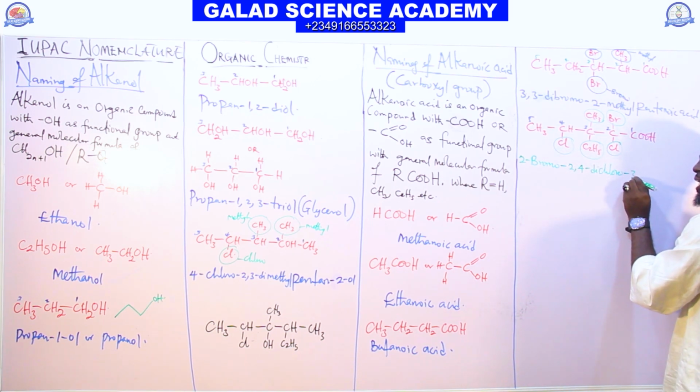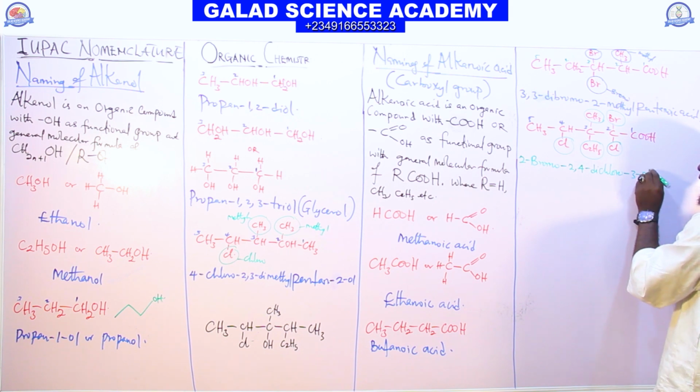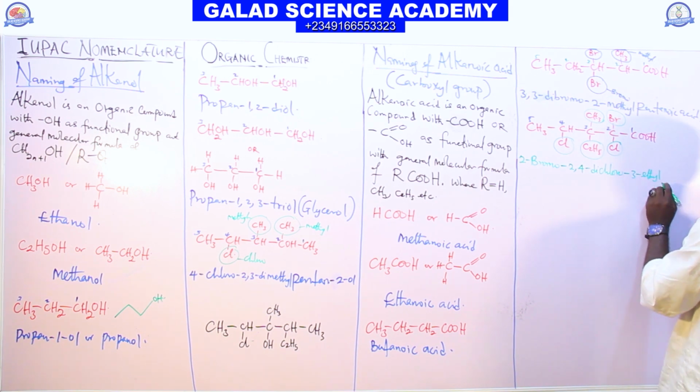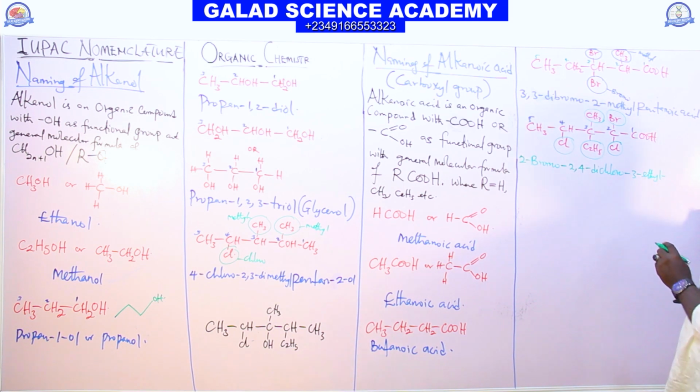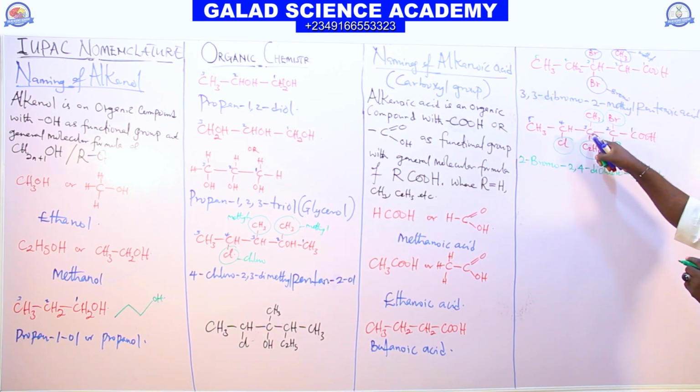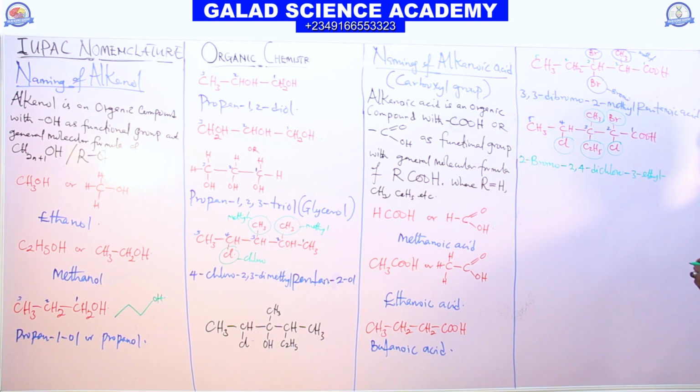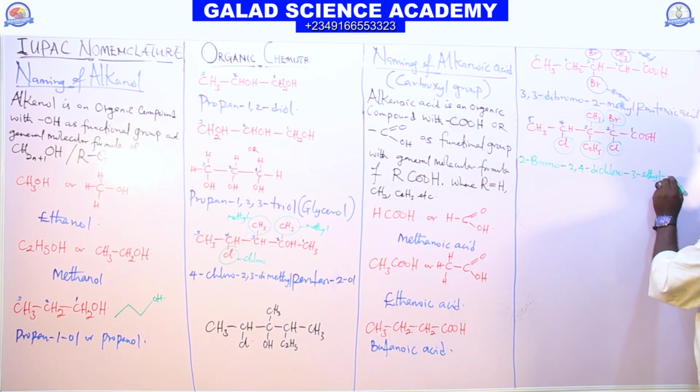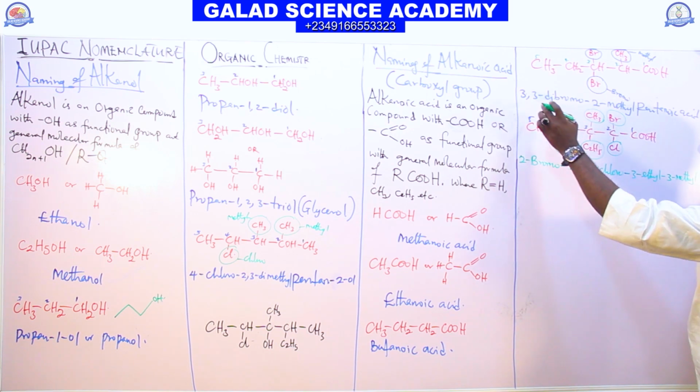Let's say 3-ethyl. This is 3-ethyl. What do we have here? The 3-ethyl. 1, 2, 3, 4, 5.